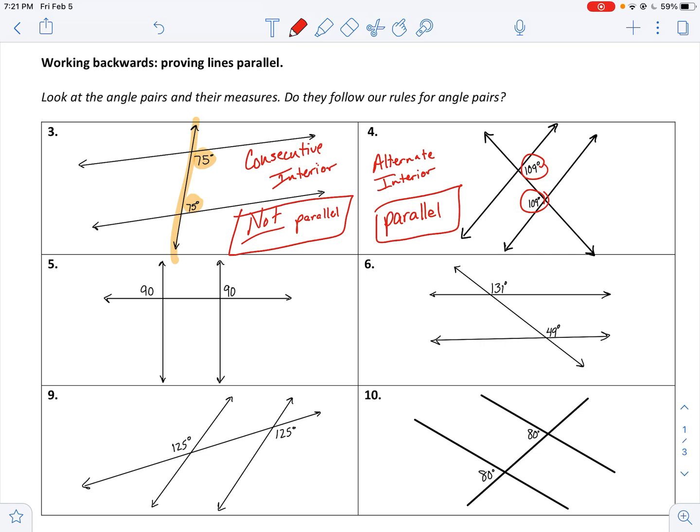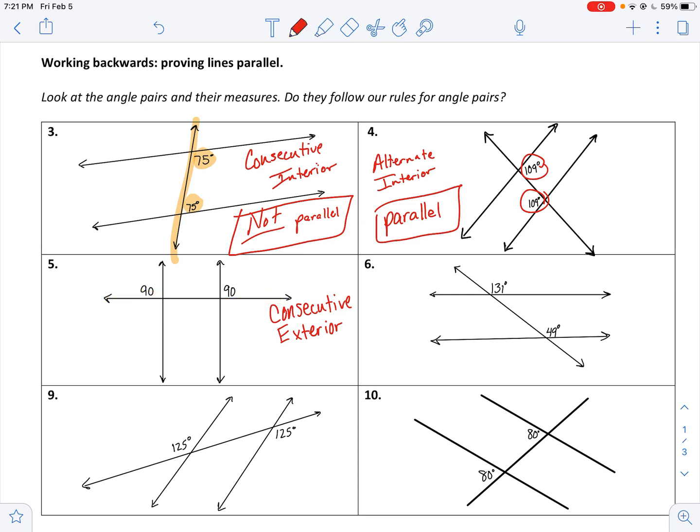Now I'm going to look at number 5, and then I'll give you the last 3 to try on your own. So number 5, I have consecutive or same side exterior angles. They're outside the parallel lines. They're on the same side of this transversal.